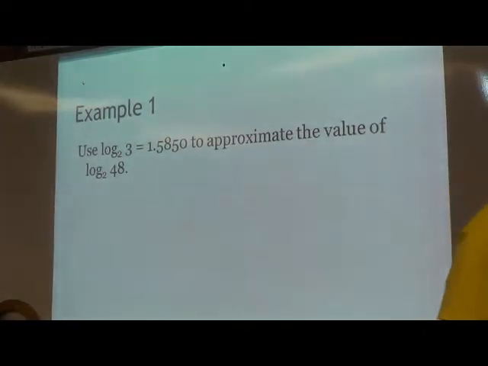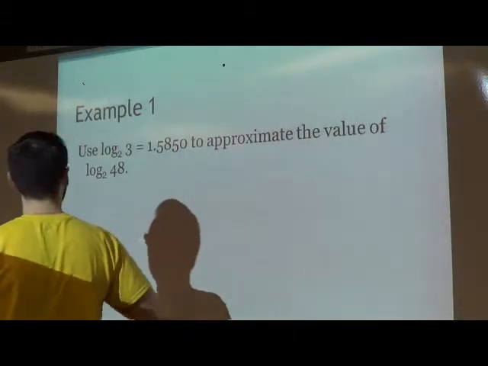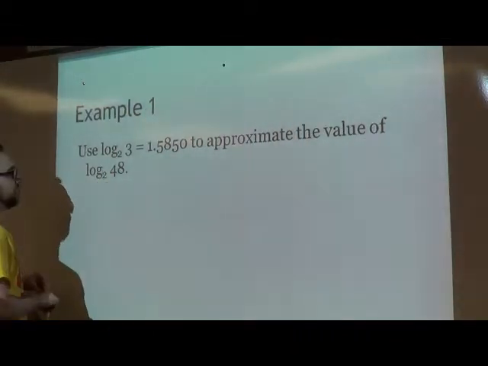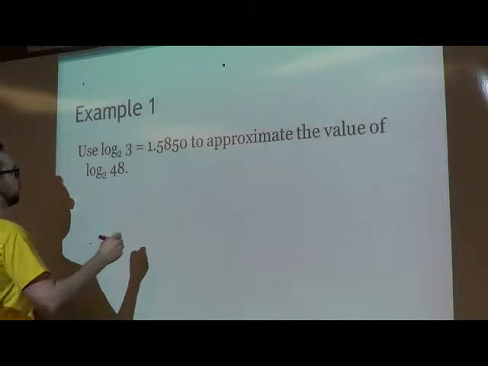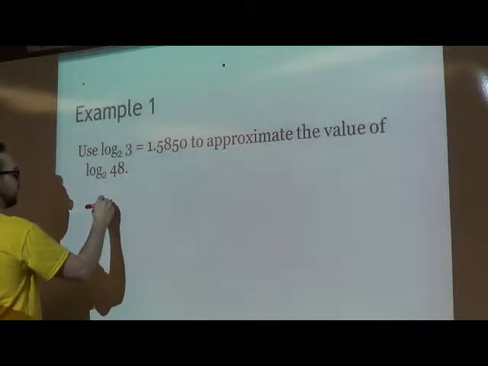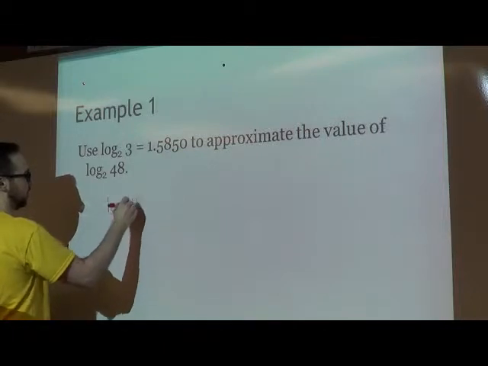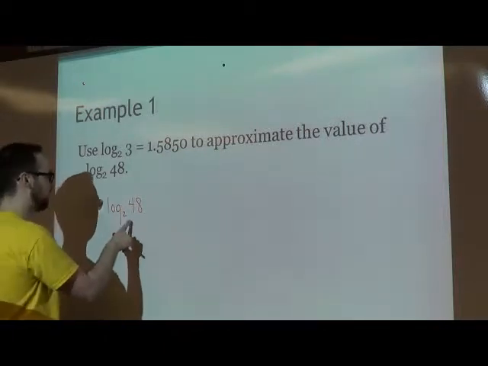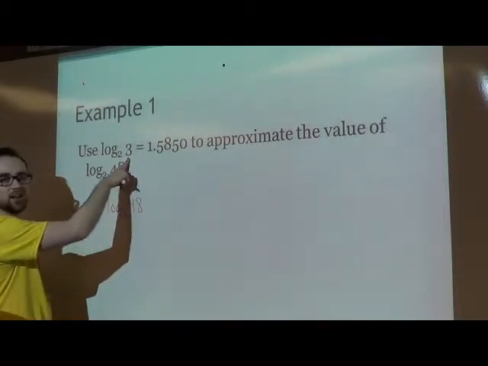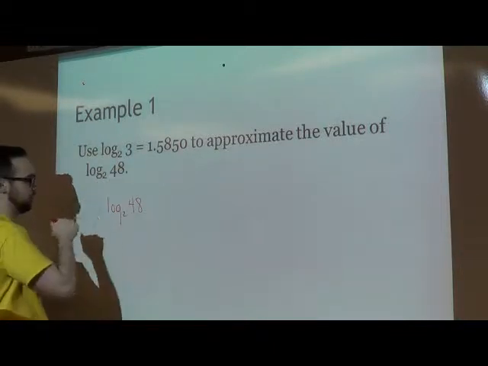We want to approximate the value of log base 2 of 48. So what I do here is I can rewrite log base 2 of 48, and I want to try to rewrite this as the log of something with the 3 in it.